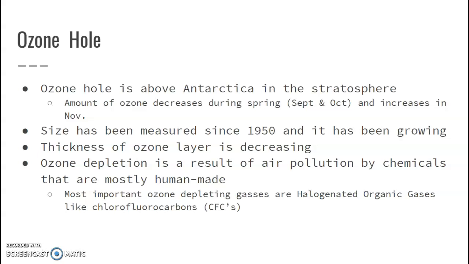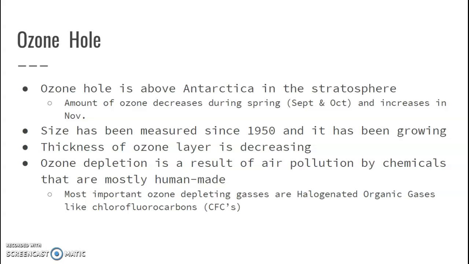It's all our fault. CFCs are a classification of compounds called halogenated organic gases. Halogenated means that there is, as part of the chemical formula, a halogen: chlorine, fluorine, bromine. These are examples of atoms that are in the second to the last right-hand column, which is called the halogens, on the periodic table.